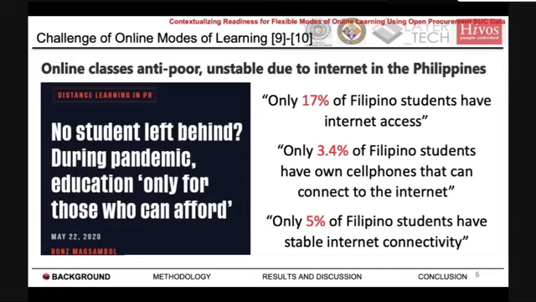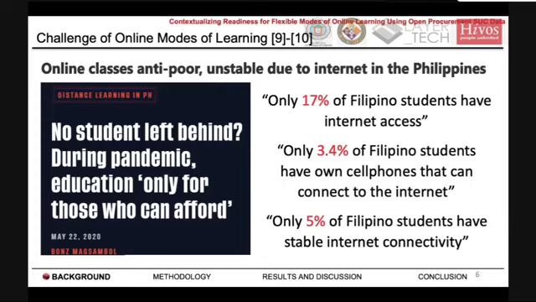Okay, but despite this pandemic, a number of schools in the Philippines were still able to successfully transition into online modes of learning. These schools are able to hold online classes and also reported a significant number of students enrolling in their online courses, but this capability was not achieved overnight by those SUCs.